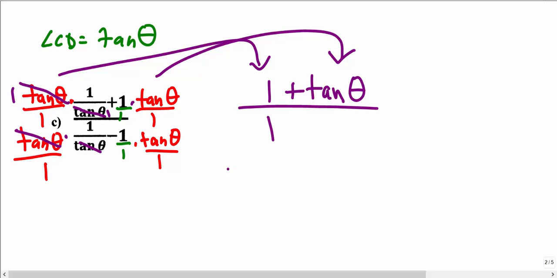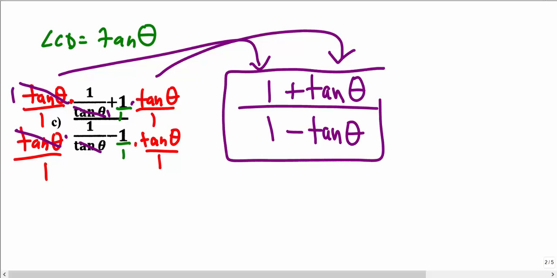We're left with 1 there again. And on the bottom right, nothing cancels out. We have minus 1 times tangent theta, so that's minus tangent theta. So here we have our simple fraction, and we're simply using the techniques that we learned in algebra, but we're applying them to the ideas of our trig functions.